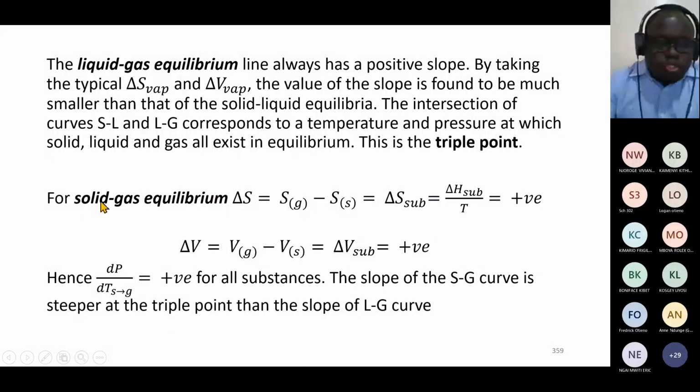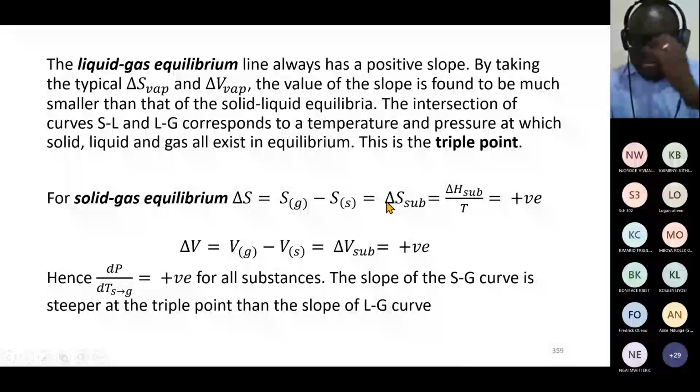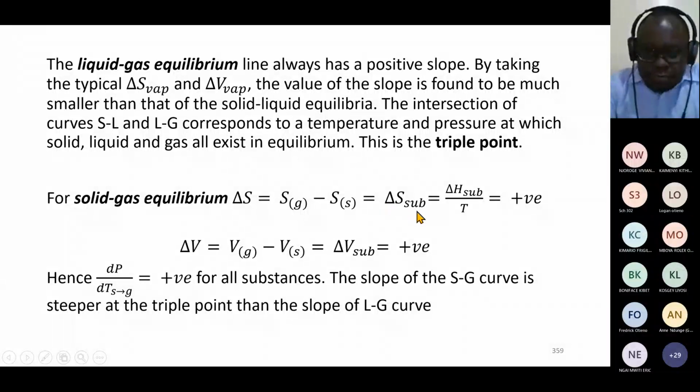Now, we also have a solid-gas equilibrium as well. This is where you have sublimation taking place, moving from the solid phase to the gaseous phase. Here, delta S is given by Sg minus Ss. This is called delta S sub, for sublimation, equals delta H sub over T. This one is always positive as well.